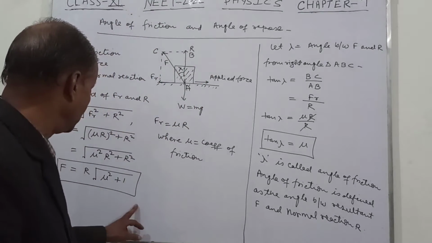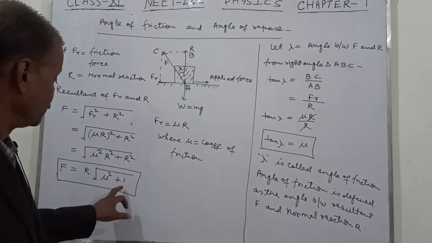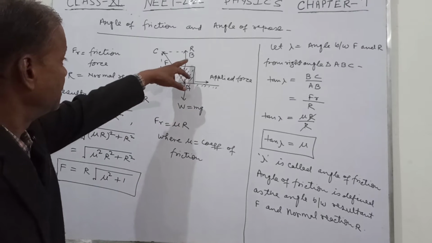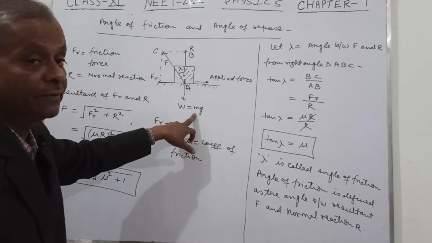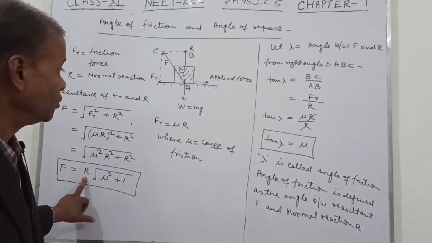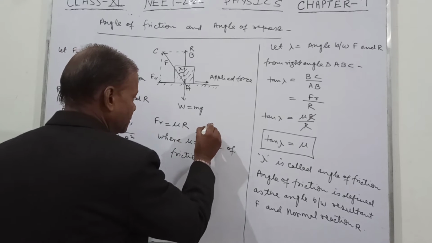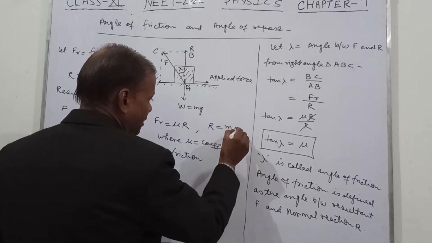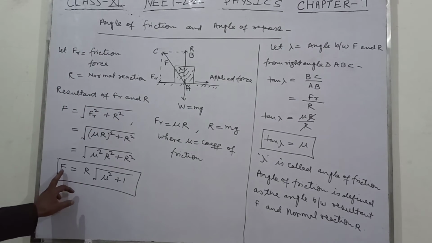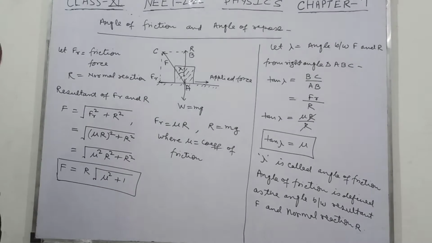The option was F equal to R square root of mu square plus 1. In place of R, you can write the weight mg, since R is equal to mg. Then F equals mg into square root of mu square plus 1.